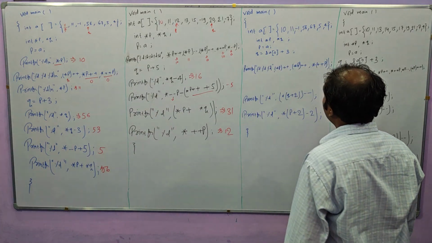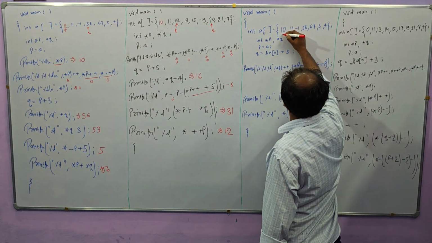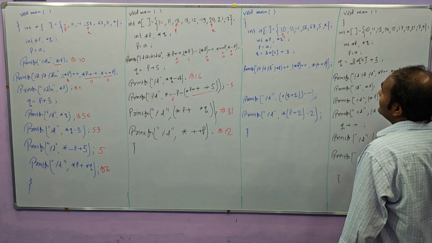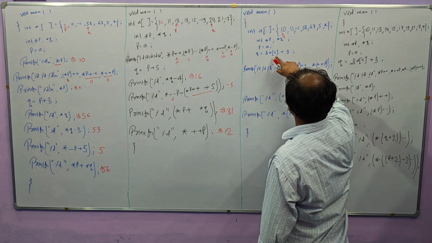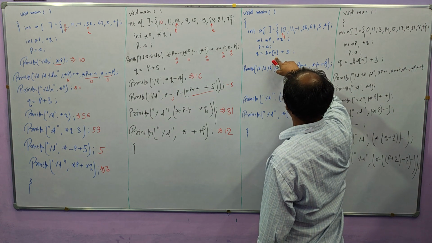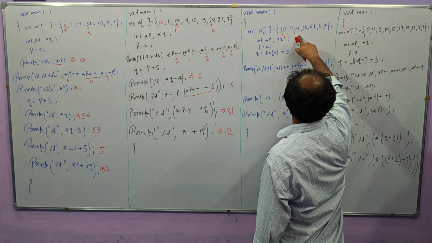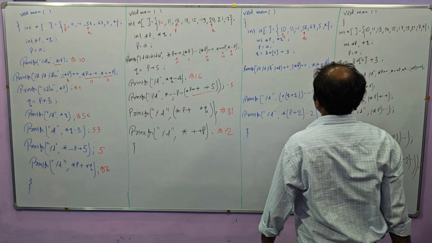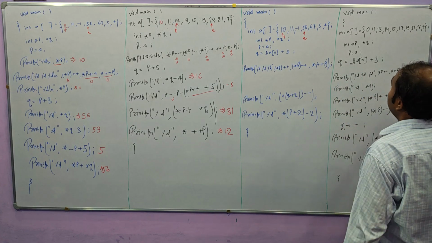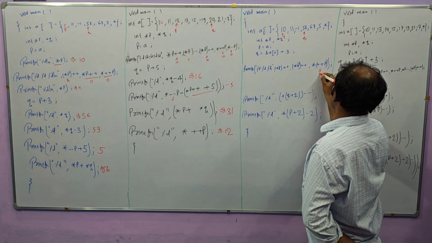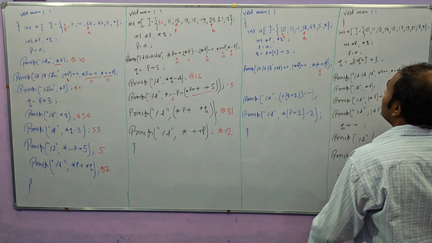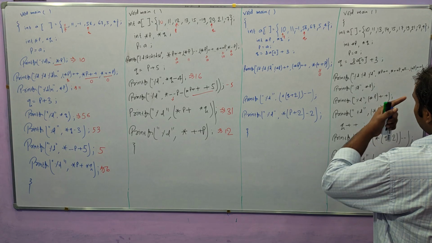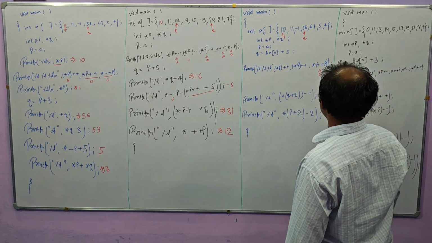In another question, again p is equal to a, pointing to the first element, and q is equal to the address of the first element plus 3, that means 1, 2, 3, pointing to this q. Now *++p, that becomes 0. We have no element to the left of 10, so it becomes 0 and points to 0.